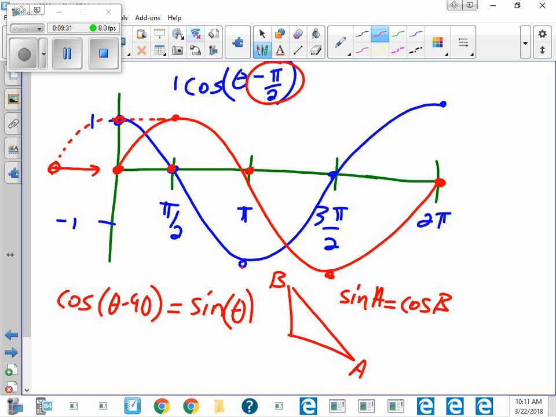A and B add up to 90, right? Well, if that's a right angle, you can't draw a very good triangle. So the cosine of A minus 90 is equal to the sine of B. It always works.